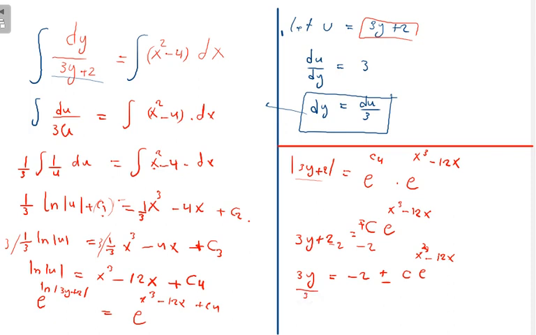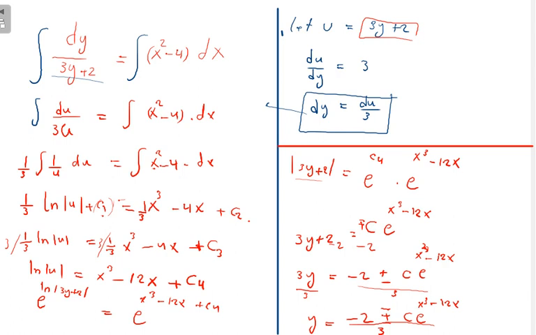Now divide both sides by 3. Now y will equal minus 2 plus or minus c exponential x cubed minus 12x, over 3.